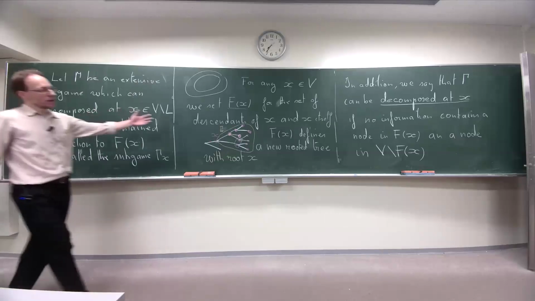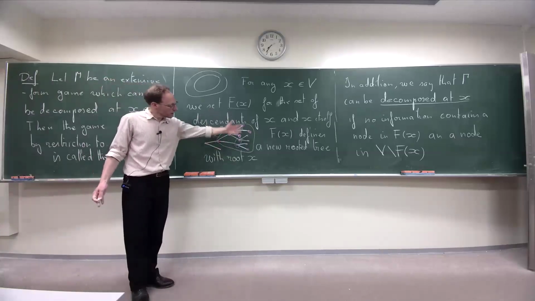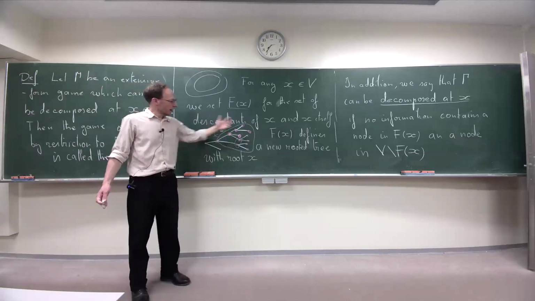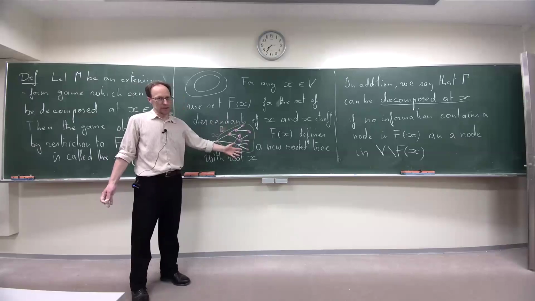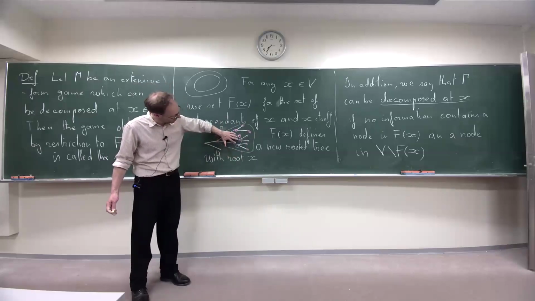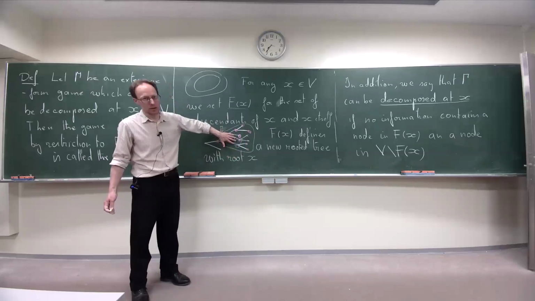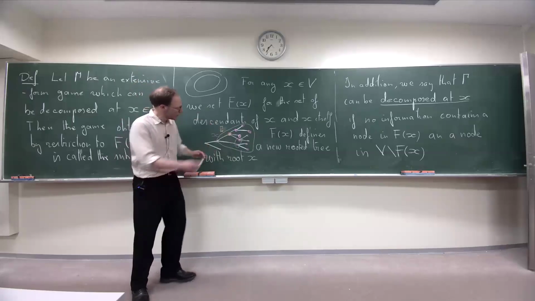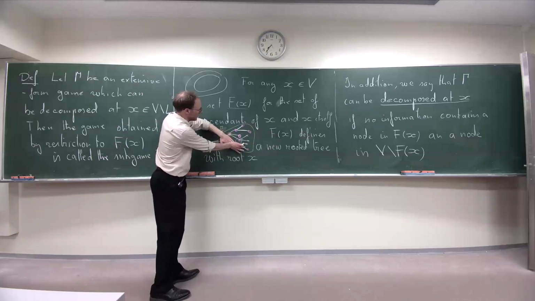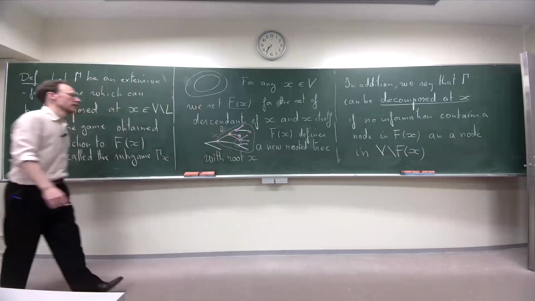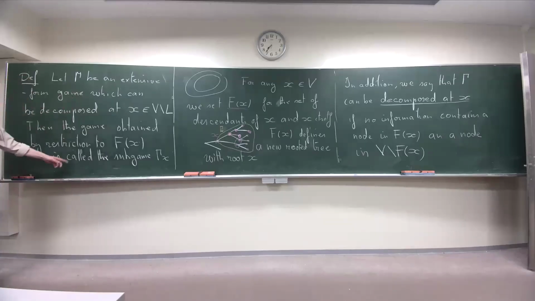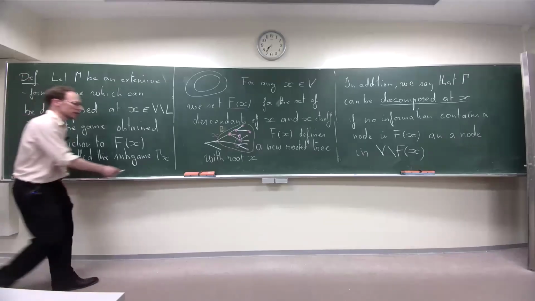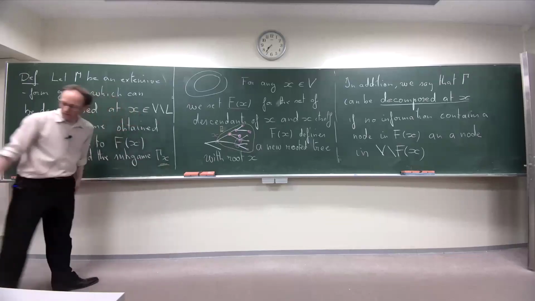And now you see, all conditions I had on gamma are still valid on gamma X, precisely because I took care of this situation. If I were not in the previous situation, there would be a problem. So I call this subgame gamma X.